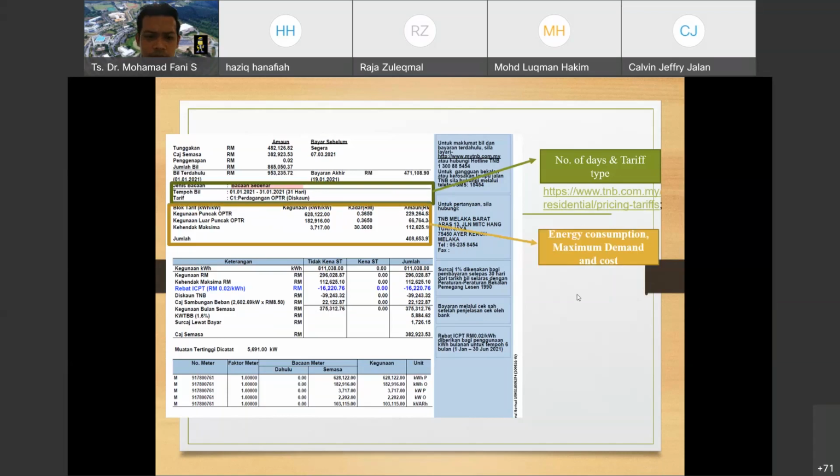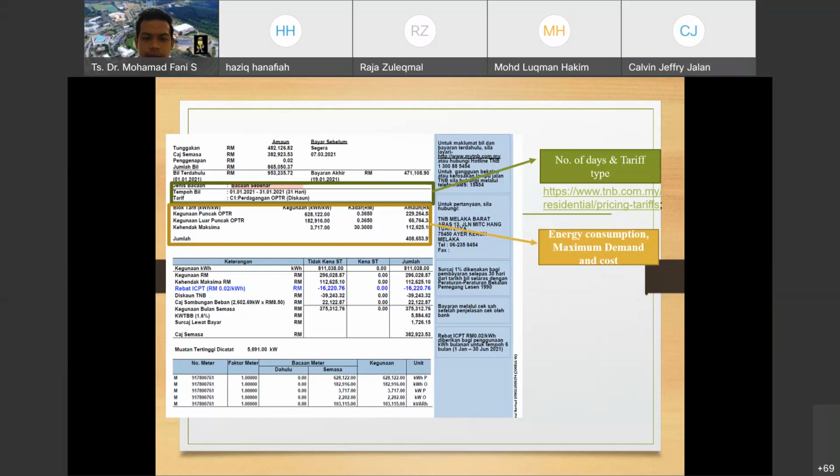Okay, look at column number 2, which is the base, the main component of the electricity charge. We have peak and off peak. So 20% during the C1 or PTR. There are two kinds of charge.